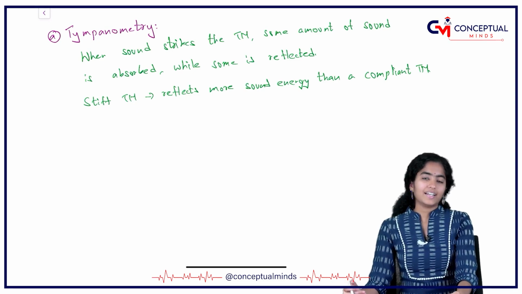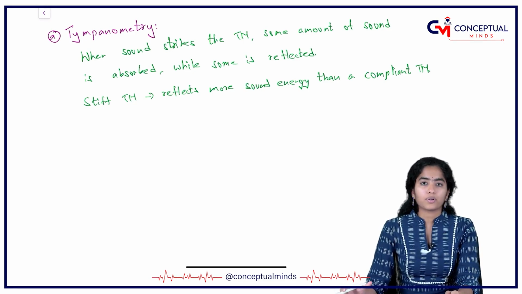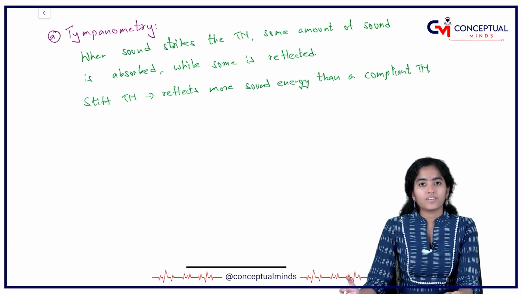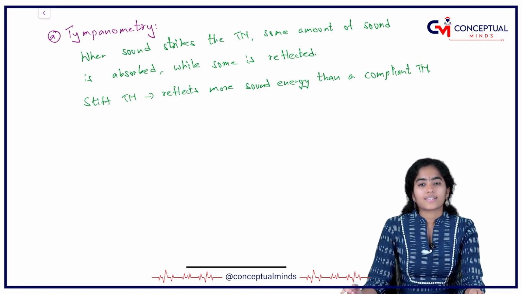This indirectly means that we are assessing the status of middle ear. Tympano-ossicular system is very much in the middle ear. So we are assessing whether the middle ear is healthy or it is diseased. So tympanometry is actually assessing the state of middle ear.